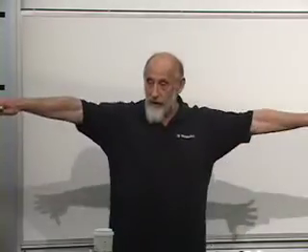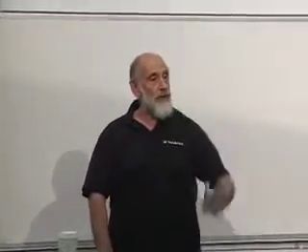And second of all, perhaps a little bit less obvious, but nevertheless true, in the approximation where the Earth is infinite and flat, goes on and on forever, the gravitational force doesn't depend on how high you are. Same gravitational force here as here.